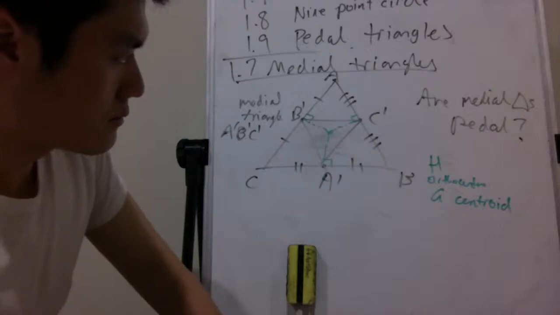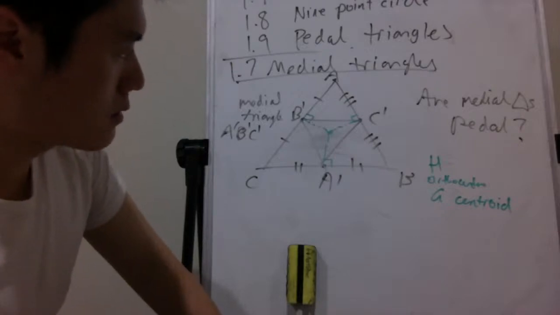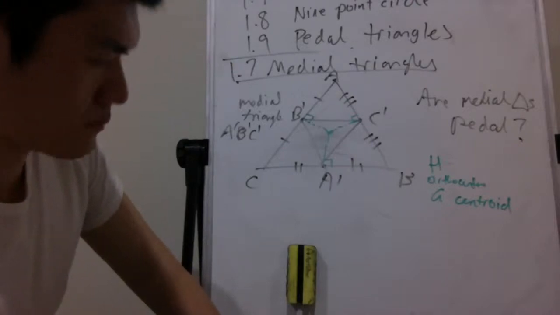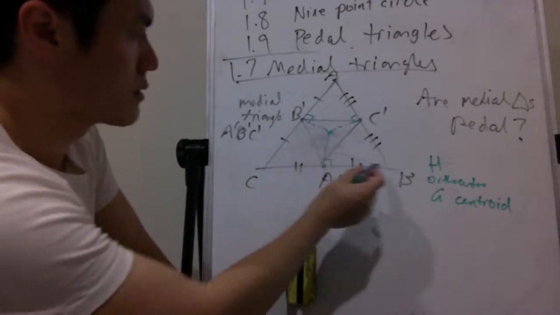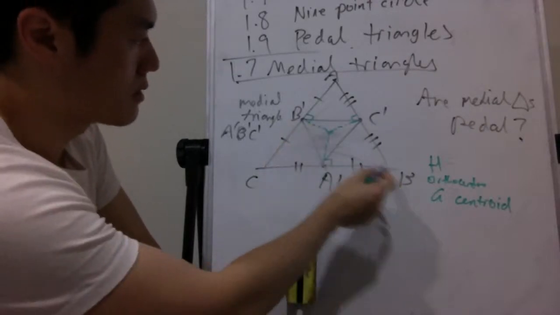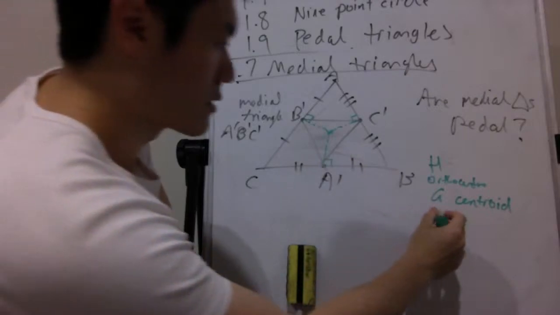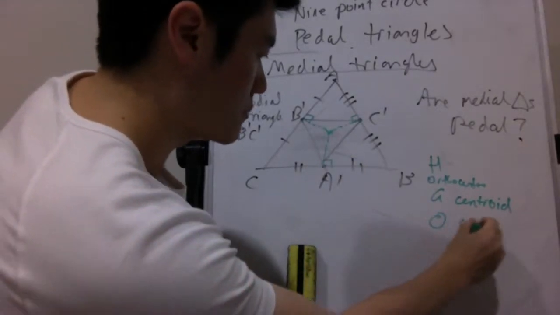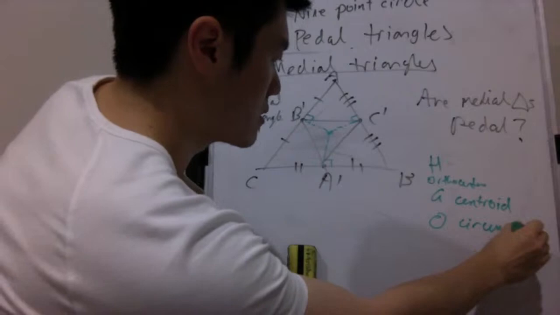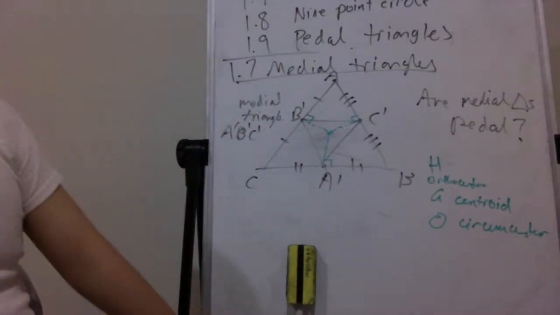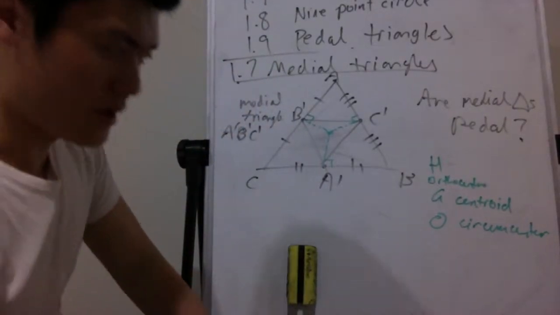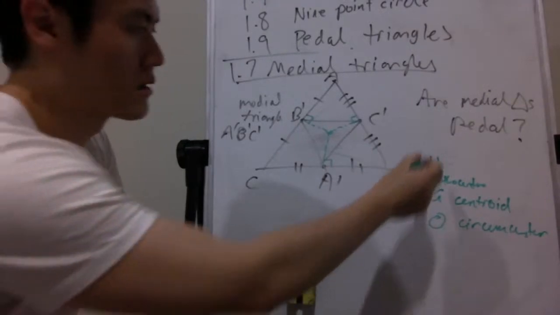Center of mass. It's the intersection of the medians. Where would these medians meet? And then there's the circumcenter, let's call it O. So the cool thing is they're collinear.